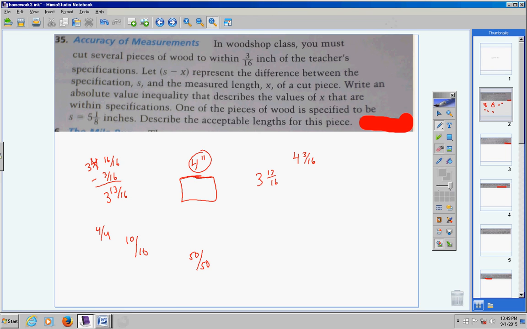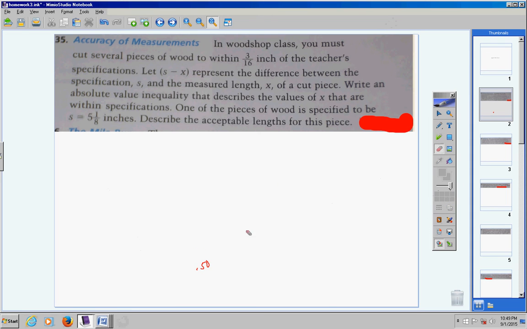Now I'm going to explain this well, but it's going to be difficult to explain, but we can do this. Now think about it. S is your specified length, and X is the actual measured length. So let's say it's supposed to be 4. That's your specified length, and the actual length was 4 and 3/16.